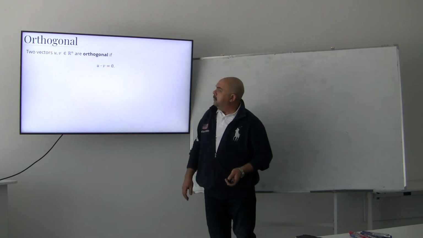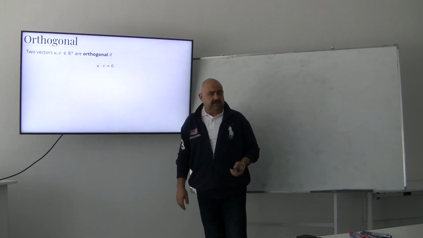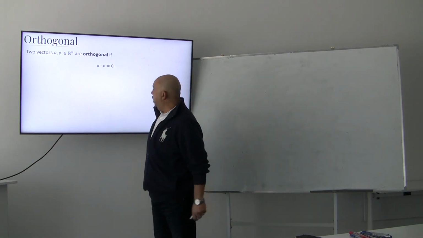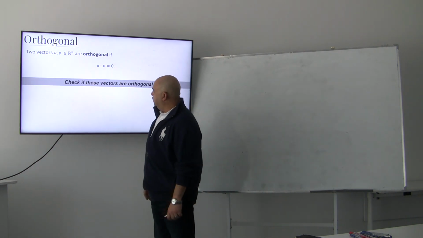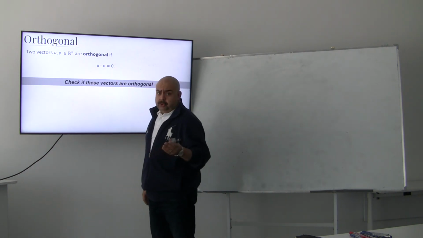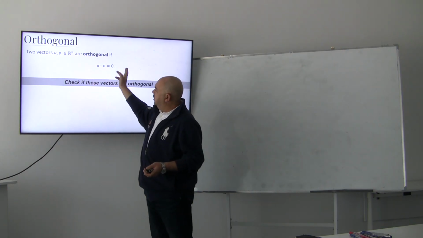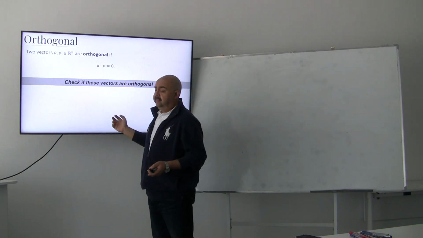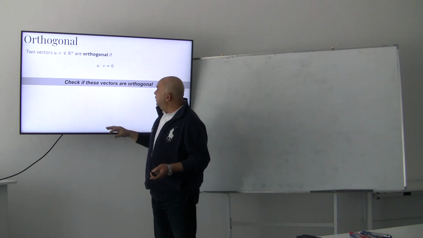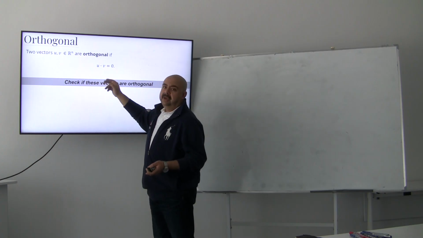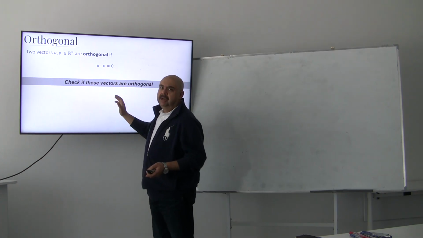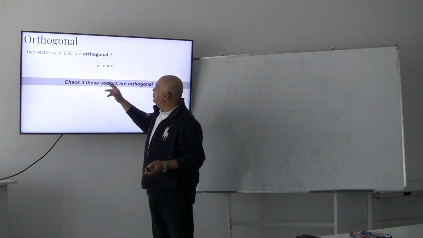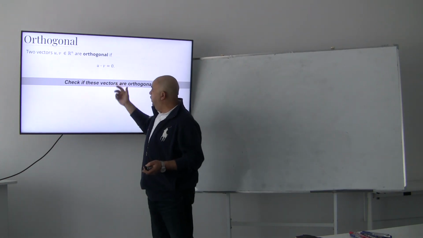Now I want to talk about the orthogonality between two vectors. It's very, very simple. If you want to check whether two vectors are orthogonal or not, you have to do the dot multiplication. Simply, as we saw previously, we multiply x1, the first coordinate of the first vector, times the first coordinate of the second vector, plus the second coordinate of the first vector times the second coordinate of the second vector, plus the third coordinate times the third coordinate, and the sum will equal 0.